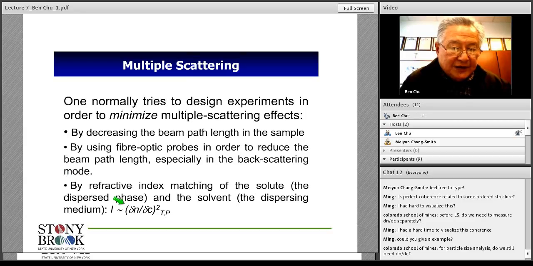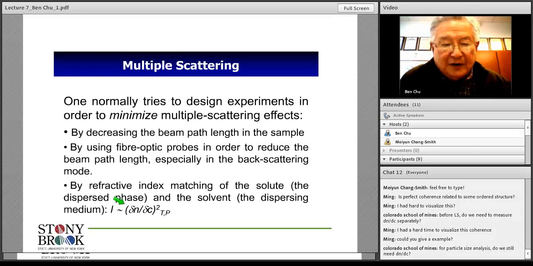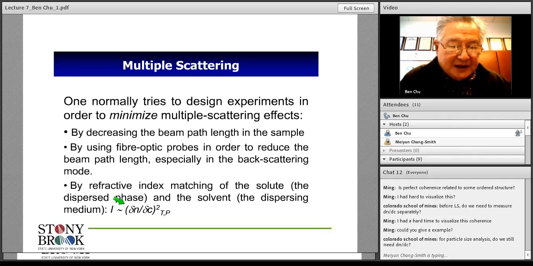It is also wavelength dependent, so if you use different wavelengths of light, the dn/dc will be different. For most systems, they are more or less known to reasonable precision, so it depends on how precise you want to be. Sometimes you can just use estimated values and it'll be okay.